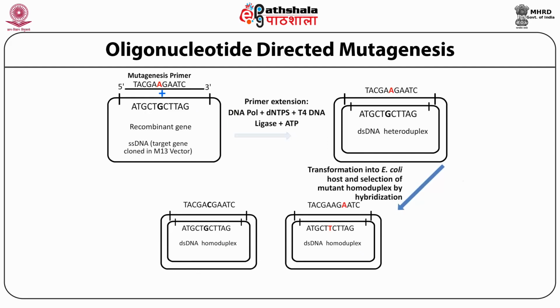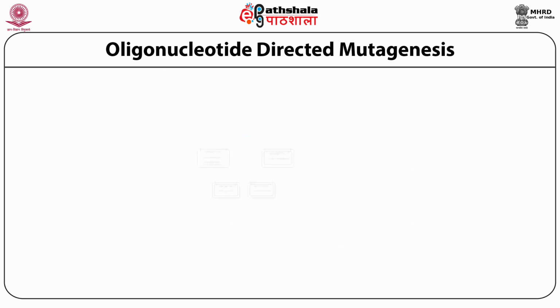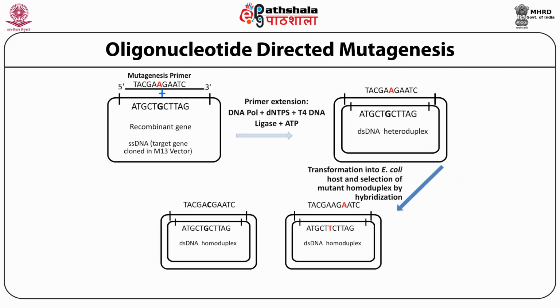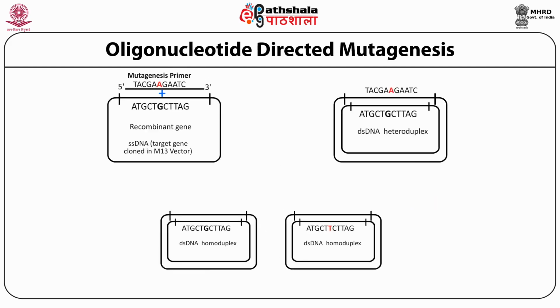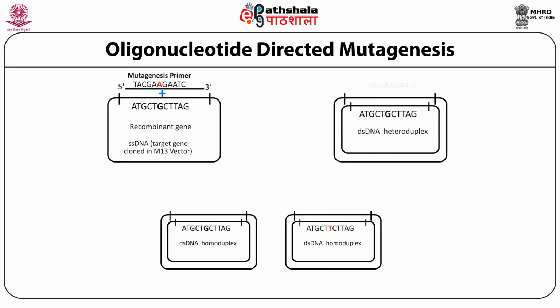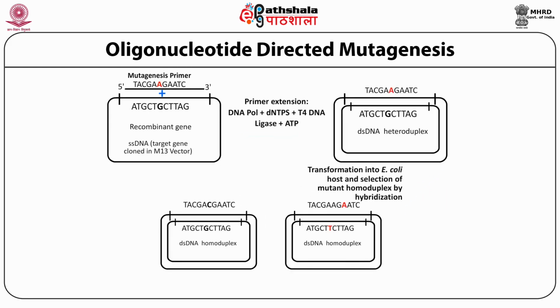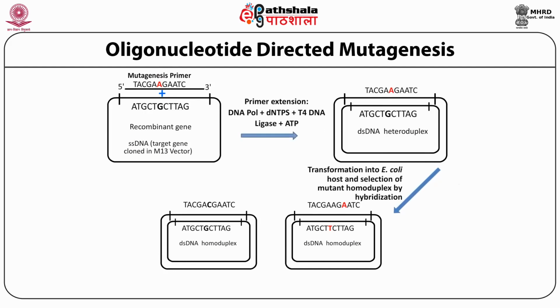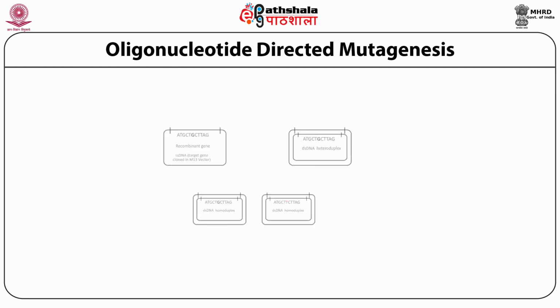The primer and the target gene are mixed together, and the reaction is performed in the presence of DNA polymerase, dNTPs, T4 DNA ligase, and ATP. As you see, it results in the synthesis of double-stranded DNA. This is a heteroduplex where one of the strands is the original target carrying the unmutated gene, and the second, newly synthesized strand carries the mutation in it.